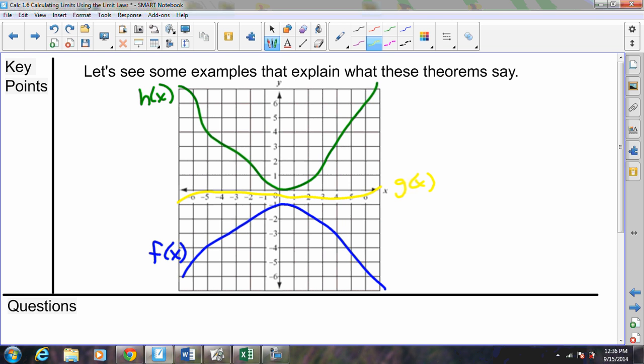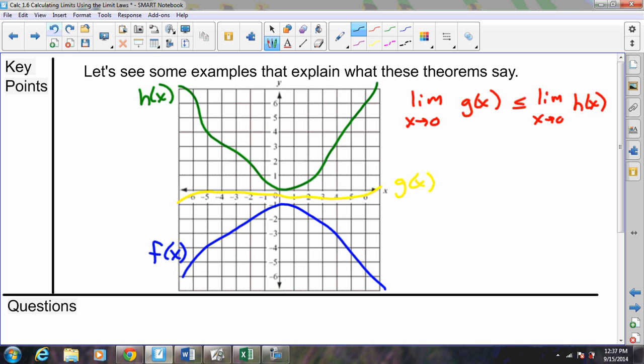If we wanted to take a limit, we know from the previous one that the limit as x approaches 0 of g of x has to be less than the limit as x approaches the same value of 0 of h of x, because h is higher than yellow.